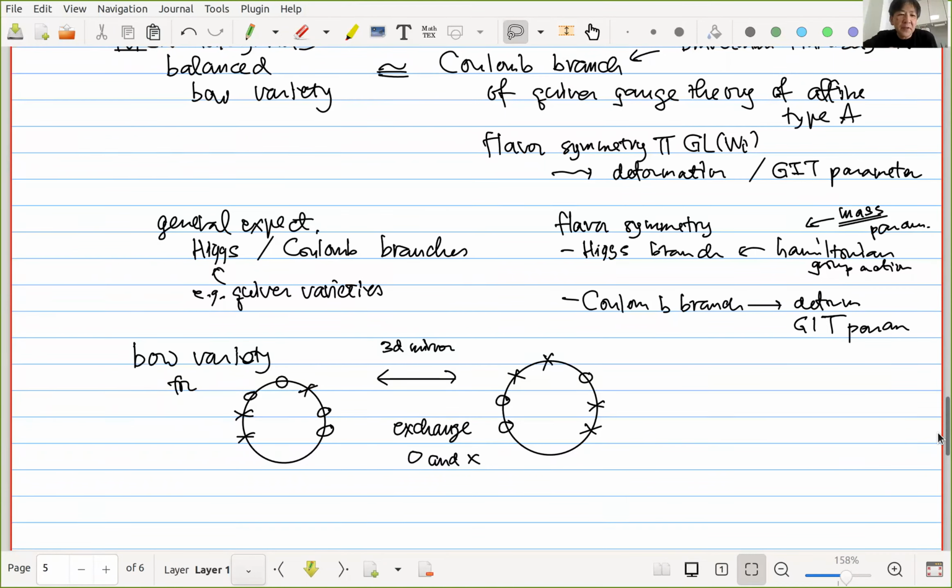Coulomb branches have a more general definition, but usually the Coulomb branch becomes singular. And if you really want a Coulomb branch which has a symplectic resolution, I think this is the biggest supply of examples. So far, all the known examples are based on a special case of this.